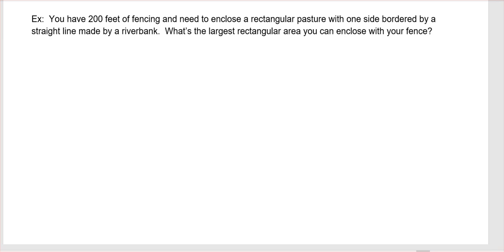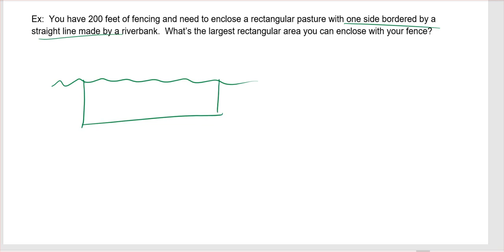So we have 200 feet of fencing, and we need to enclose a rectangular pasture that's bordered on one side by a straight line by a riverbank. So here's our river, and we want to make a rectangular pasture here. Maybe do a little bit better job there, more clearly a rectangle. Okay, so what do we do?